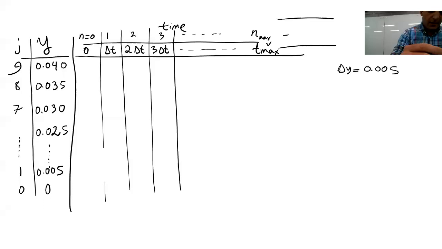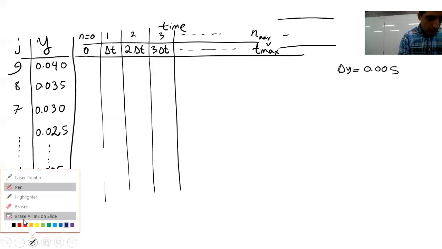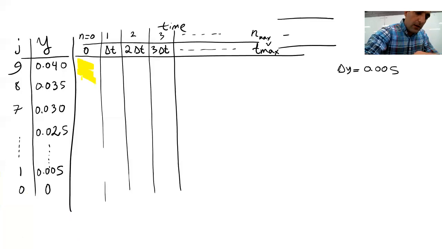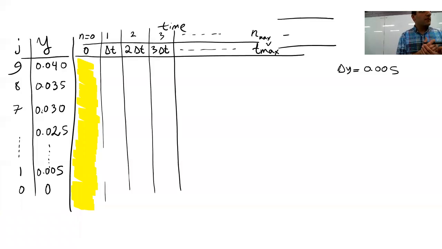Now, what should this column be called? Initial condition, because that's the given information at t equals 0. Either it's given or, if not, we're assuming an initial condition. For this explicit PDE, we need some initial condition, but in our case, it's given.